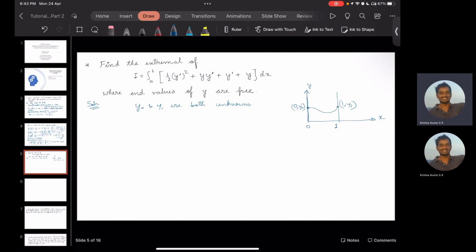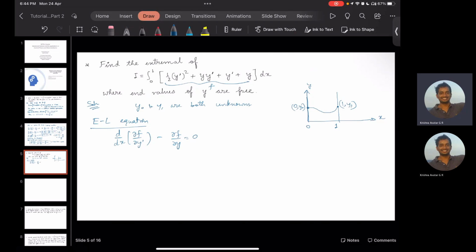Okay. So the necessary conditions for the extremization of such a functional will be, we'll have our Euler-Lagrange equation, which is d/dx of ∂f/∂y prime minus ∂f/∂y is equal to 0, where f is this integrand.